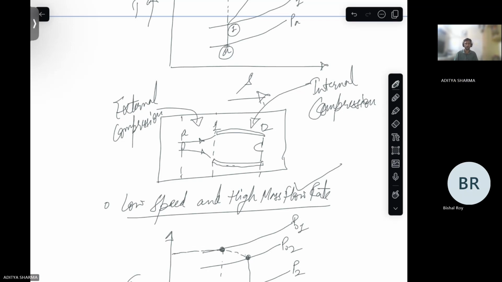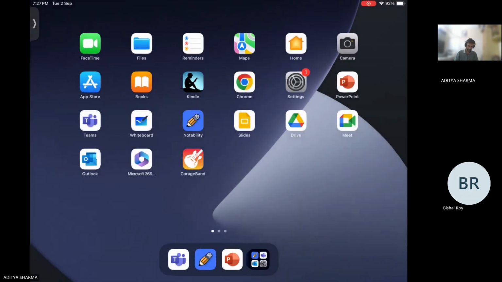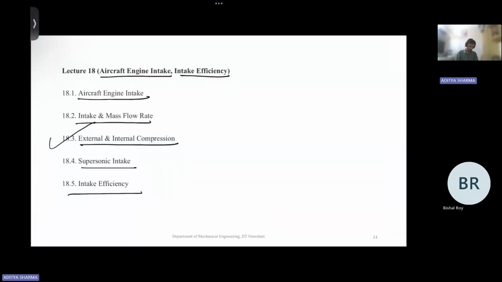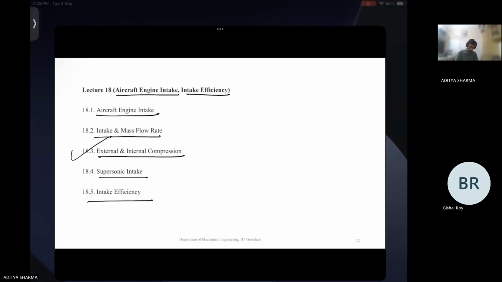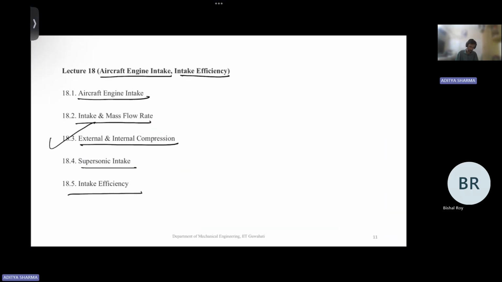All right. Supersonic intake, there are three modes.